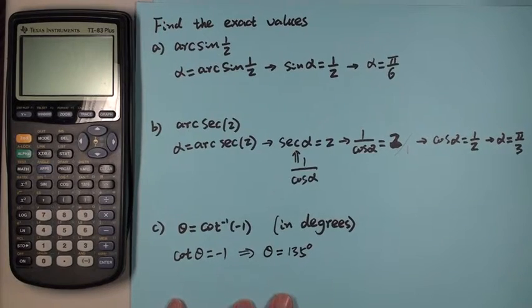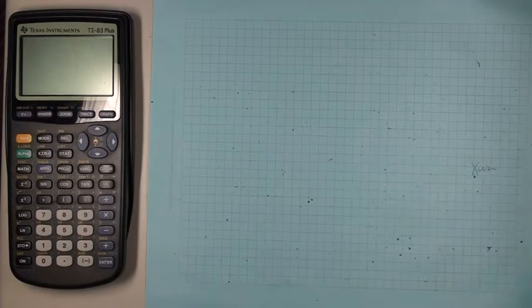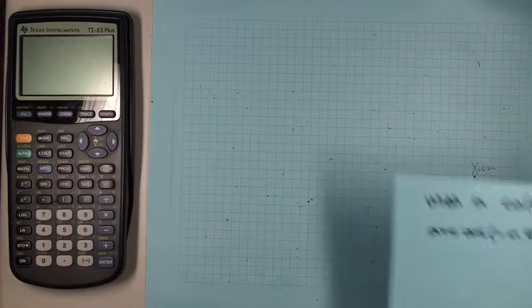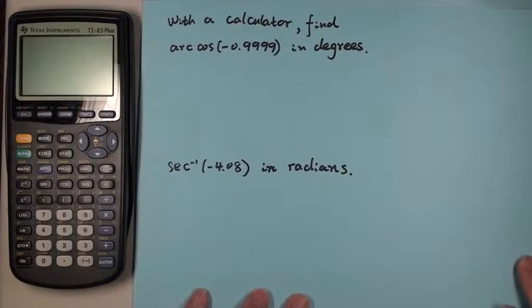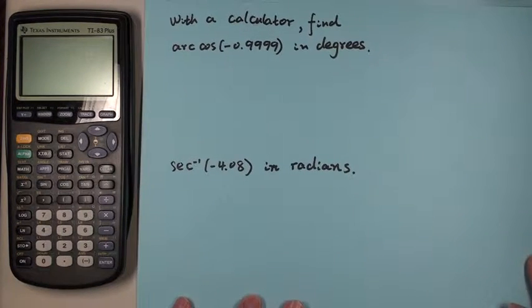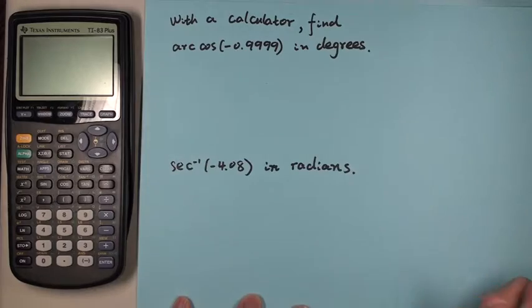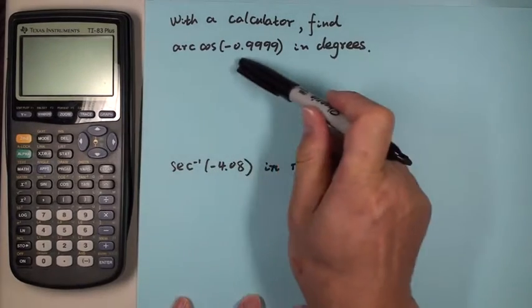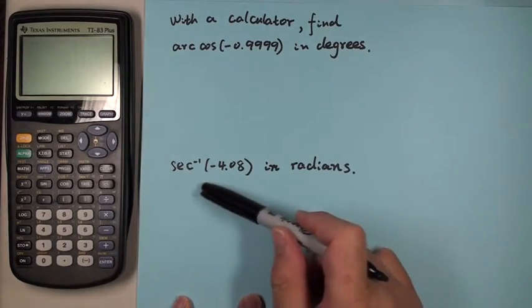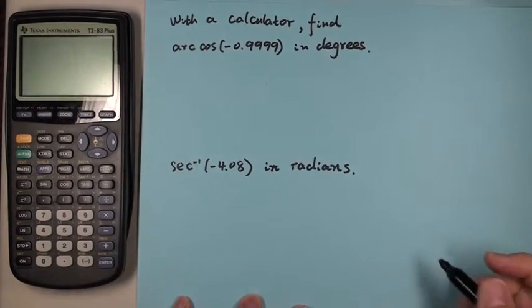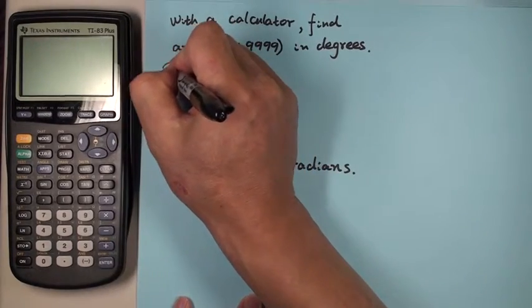Now let's look at some questions where we need to use the calculator. Here, with the calculator we want to find out two things. One, this angle is in degrees, another angle is in radians. So here is the solution.